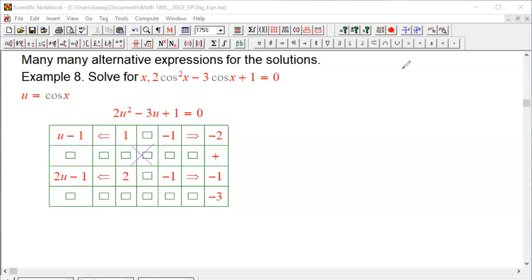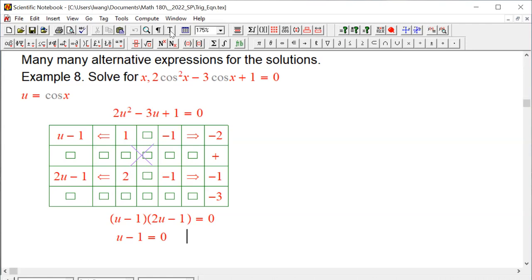Now if this is true, I'll give you a shorter version of this: u minus 1 times 2u minus 1 equals 0. And here we go, we got u minus 1 equals 0.